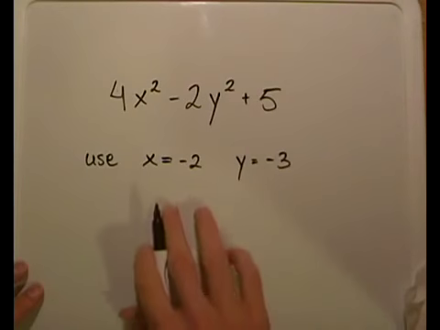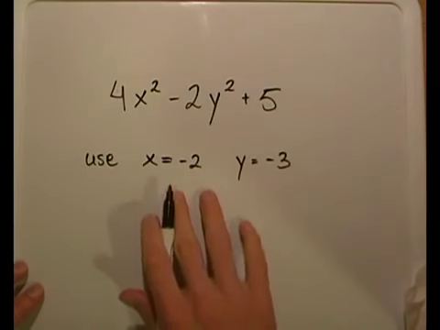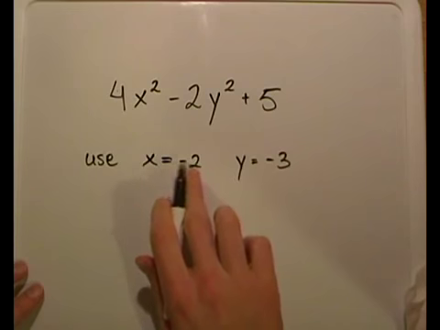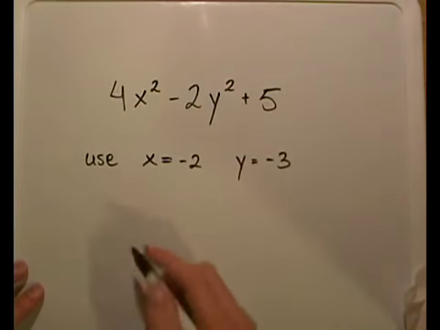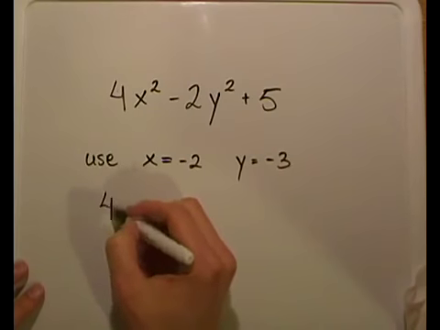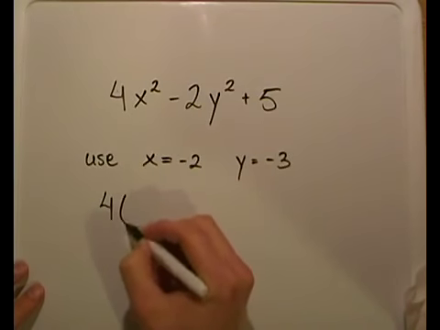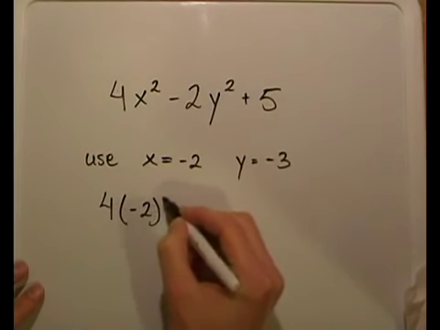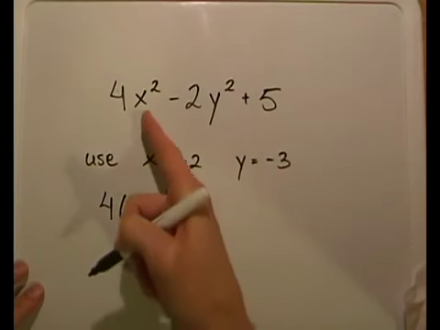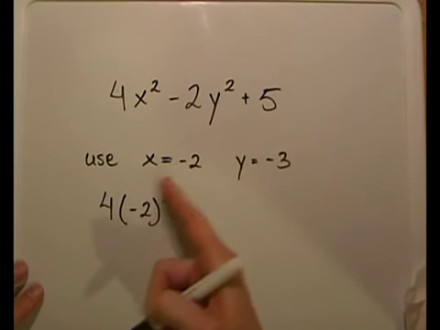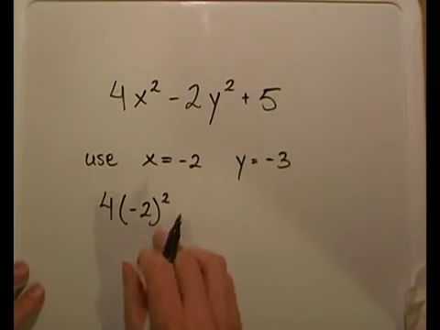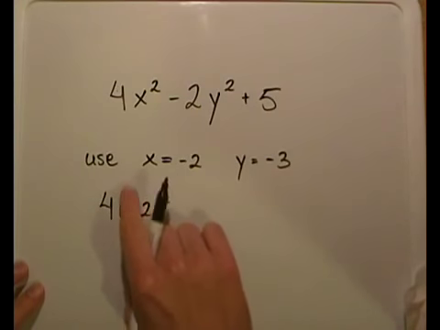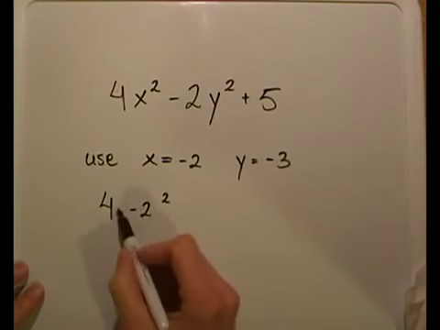Okay, so what you need to watch out for here is when you plug in the -2 in here and the -3 in here. Okay, so 4 times -2 squared. We plug in -2 instead of x. Okay, so there's a difference between doing this and doing this.